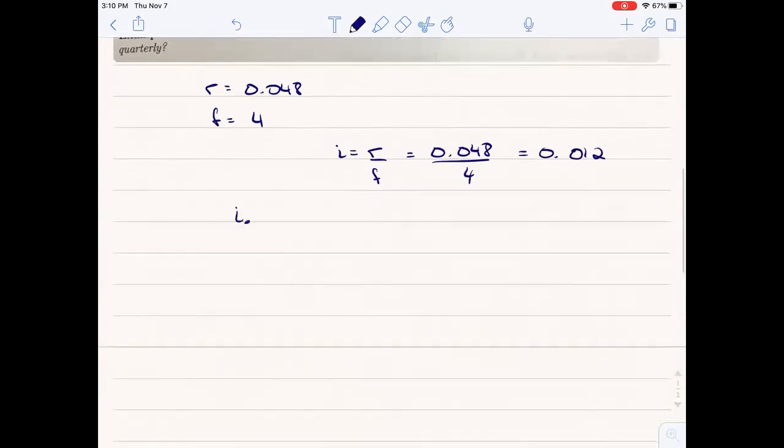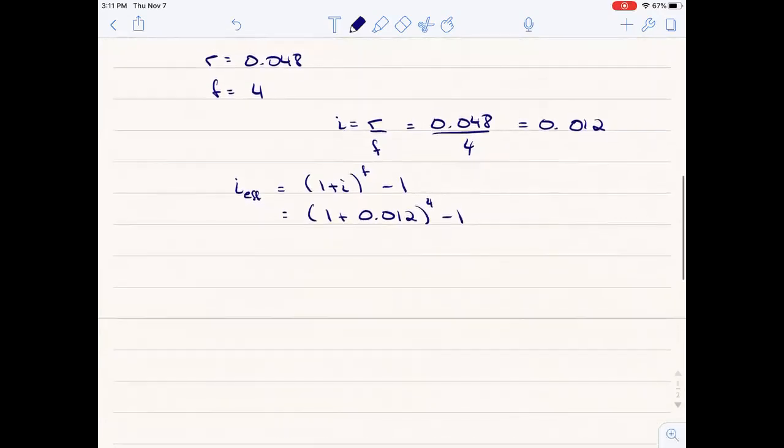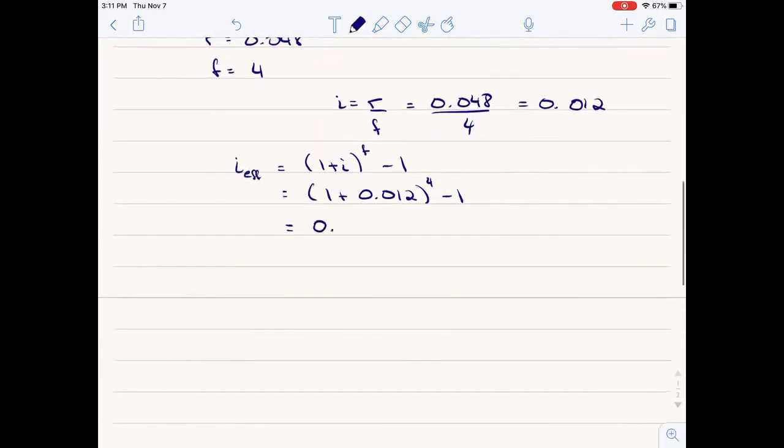And so we use the formula. The effective interest rate is 1 plus I to the power of F, then minus 1. That's going to be 1 plus 0.012 to the power of 4 minus 1. I get an answer of 0.048870933.